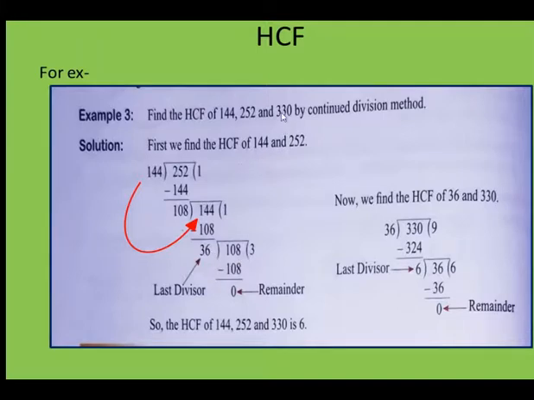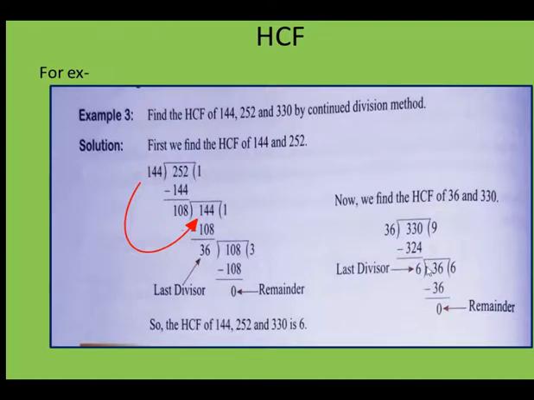Now the third number is 330. We take the HCF, 36, and the third number, 330. Now 330 will be divided by the HCF. 36 nines are 324, subtract and we get 6.